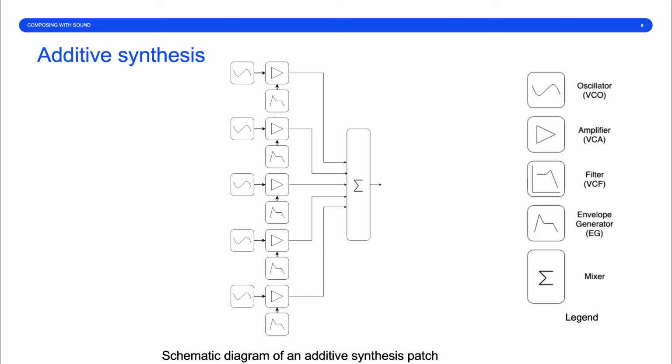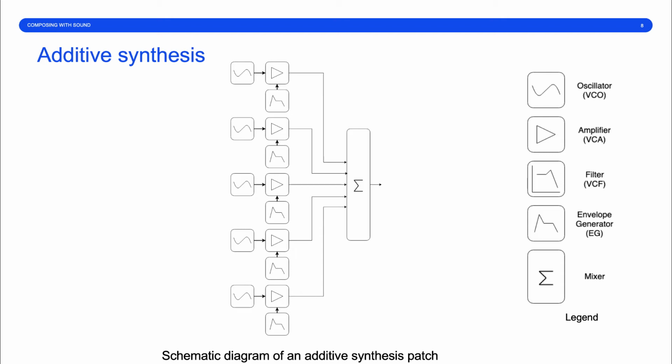So the frequency of the oscillator in an analog synthesizer can be controlled by a control voltage, and the gain of an amplifier can be controlled by a control voltage. Now, in the case of digital synthesis, these would be called digitally controlled oscillators. The third symbol is a filter, in this case showing a low-pass filter.